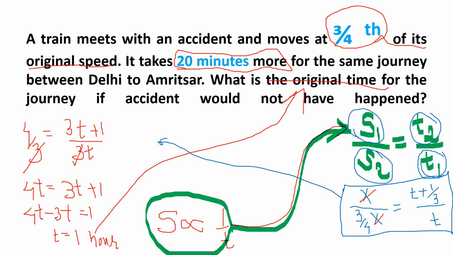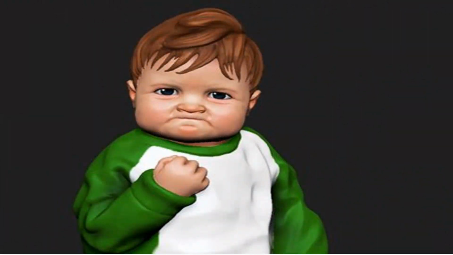And after the accident, it will take 1 hour 20 minutes, that means 80 minutes after the accident and 60 minutes was the original time. I am very sure that you have understood the concept. If you have understood the concept, then check out the next question.